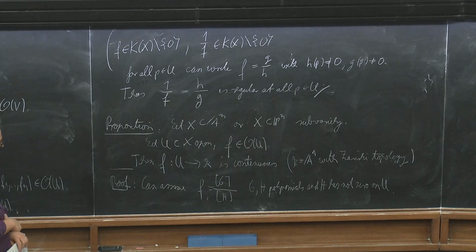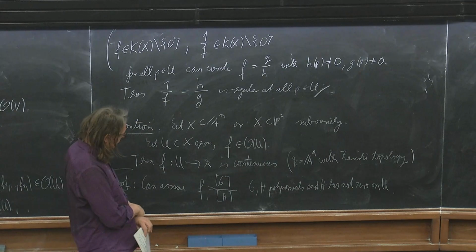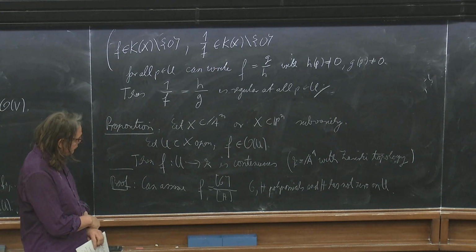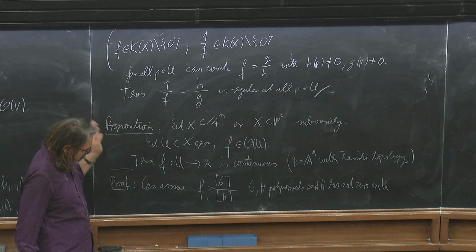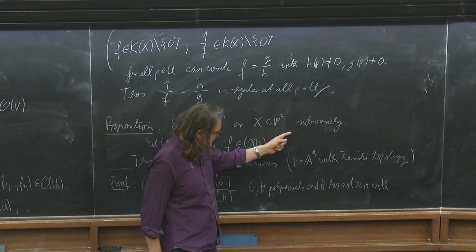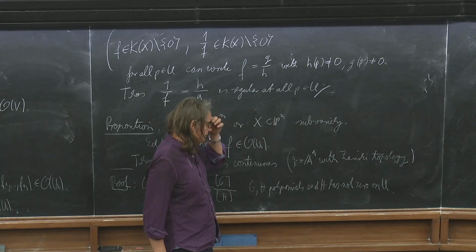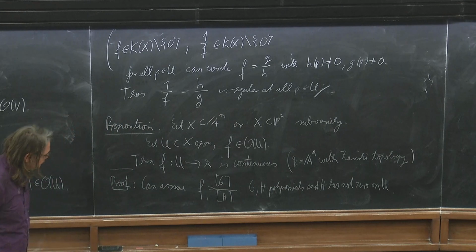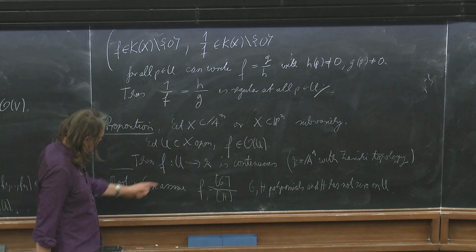The inverse image of A^1 is U, which is also open. And so we only have to see that the inverse image of any point. But I didn't want it open, I want the inverse image of any closed subset to be closed. So the inverse image of the empty set is closed, and the inverse image of A^1 is the whole of U, which is closed in U.